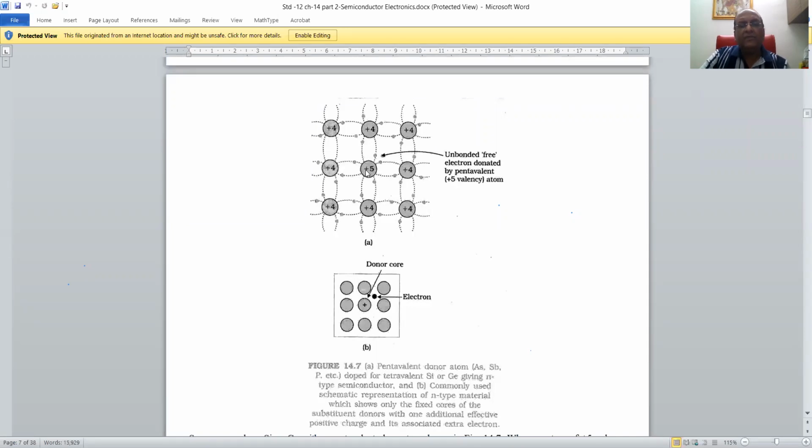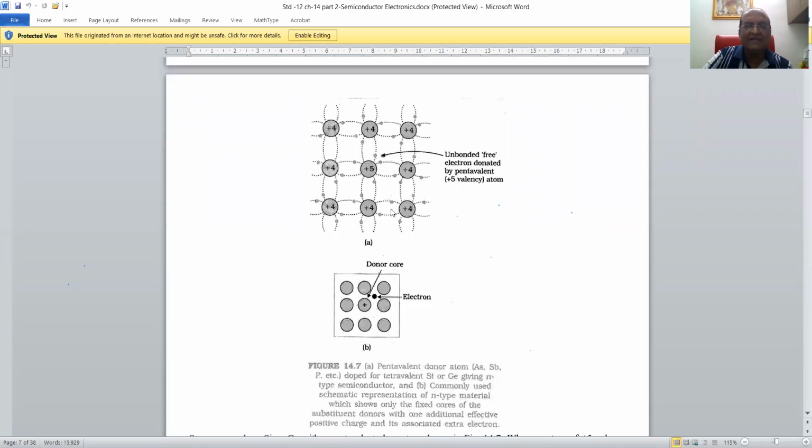Now, this particular arsenic atom, which is doped here, has 5 valence electrons. So 4 will be accommodated in these 4 neighboring covalent bonds, but the fifth one will behave as a free electron.